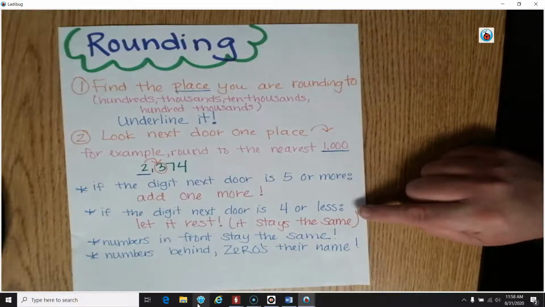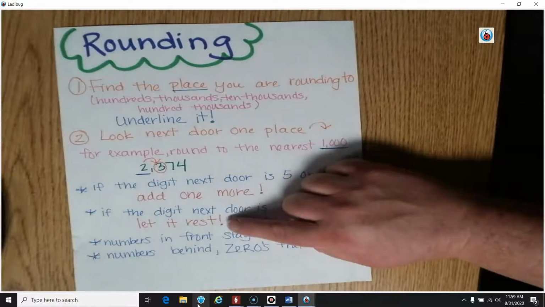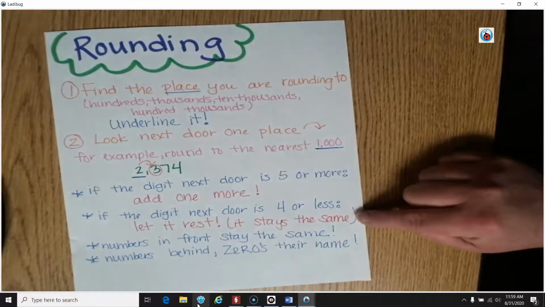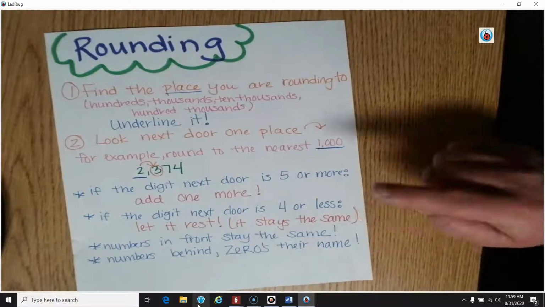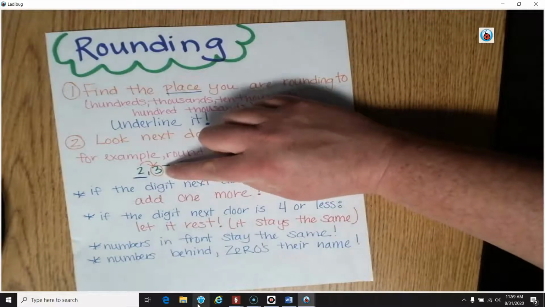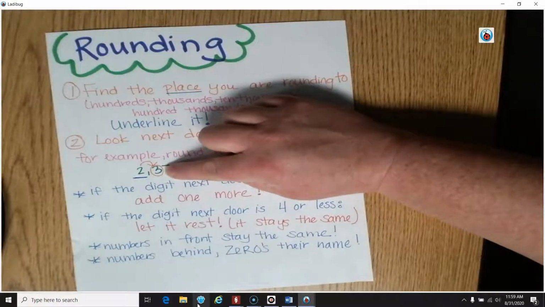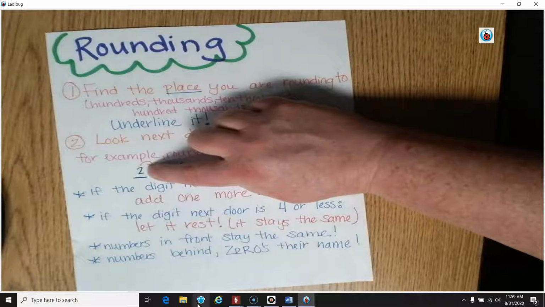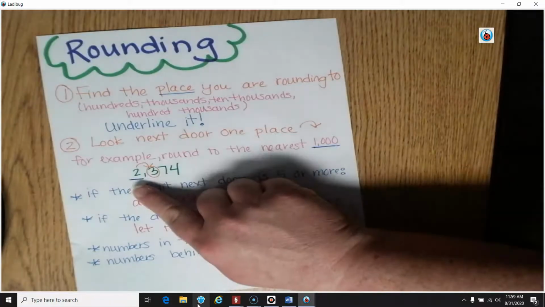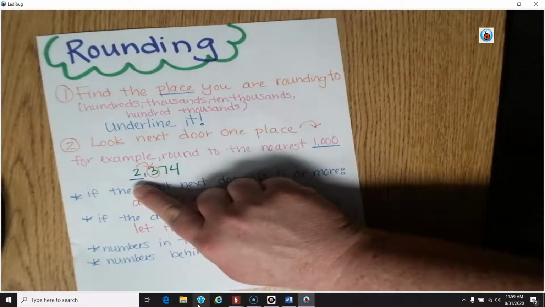Now, if the digit next door is 4 or less, we're going to let it rest, which in other words means stays the same. So if the digit next door is a 4, 3, 2, 1, or 0, this number stays the same. We have a 3 next door. A 3 is 4 or less, so that too stays the same.